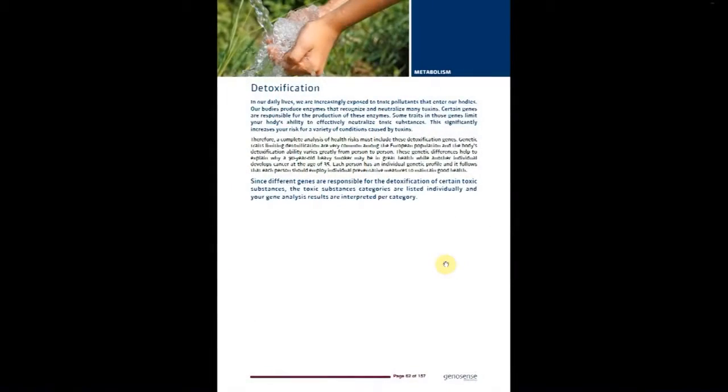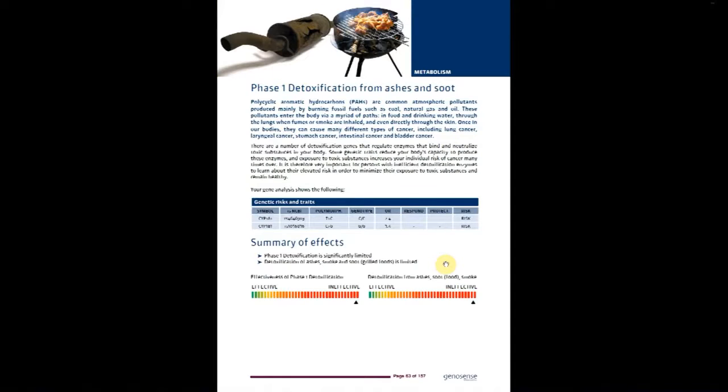So again, on this page, you will find some general information to read through. And here is phase 1 detoxification. And this is all about ash, soot, smoke and burnt things. So as you know, smoking increases your risk of lung cancer.